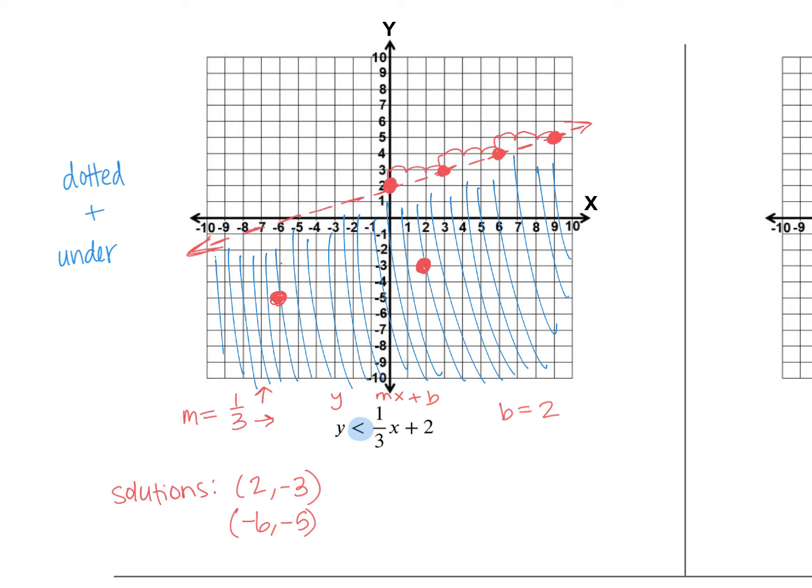Now we're going to look at some non-solutions. So that means some points that are not in the shaded area, okay? So one point would be right here. This point is not a solution because it is not in the shaded area, and that coordinate is (3, 8).